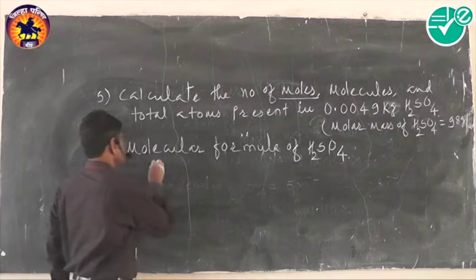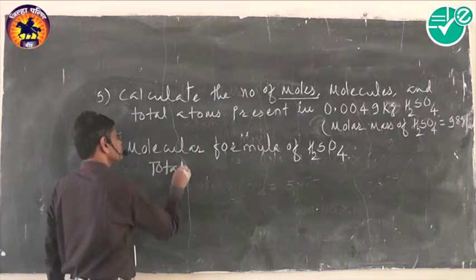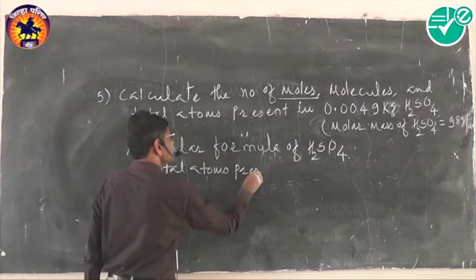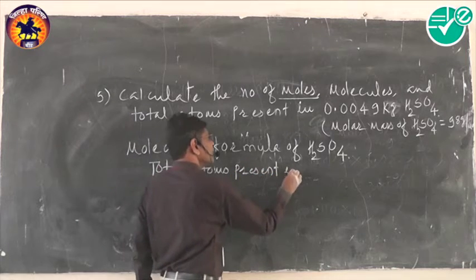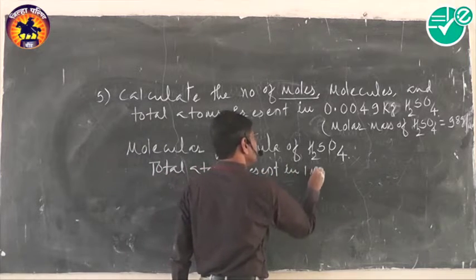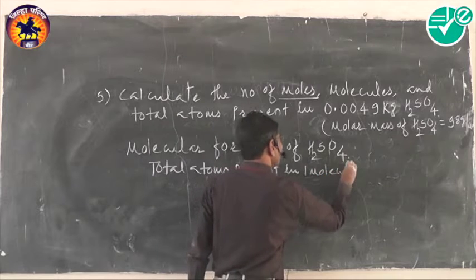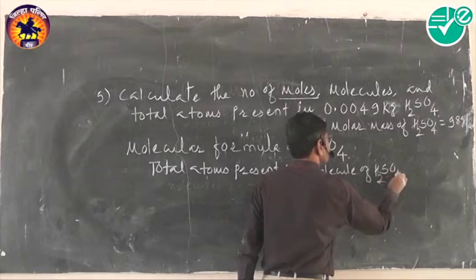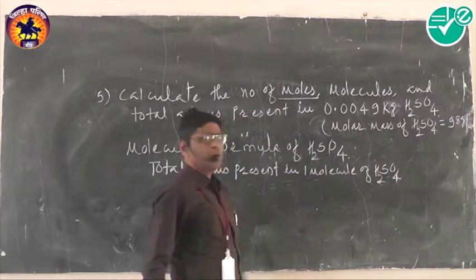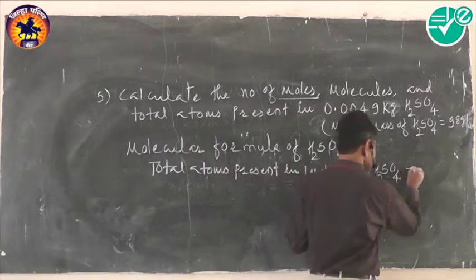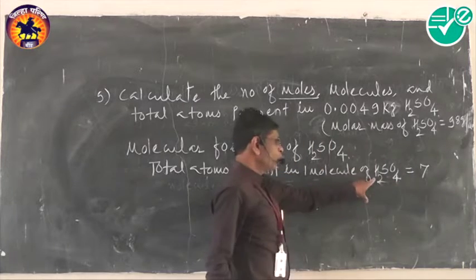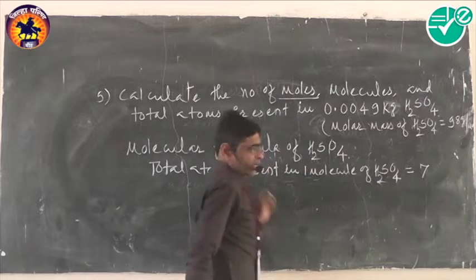And so remember, total atoms present in one molecule of sulfuric acid is equal to 7. So 2 plus 1, 3, 3 plus 4, 7.